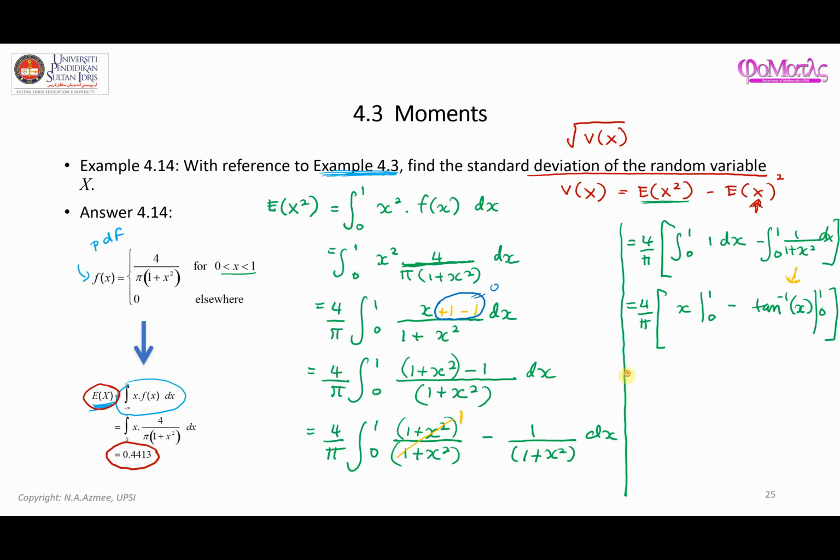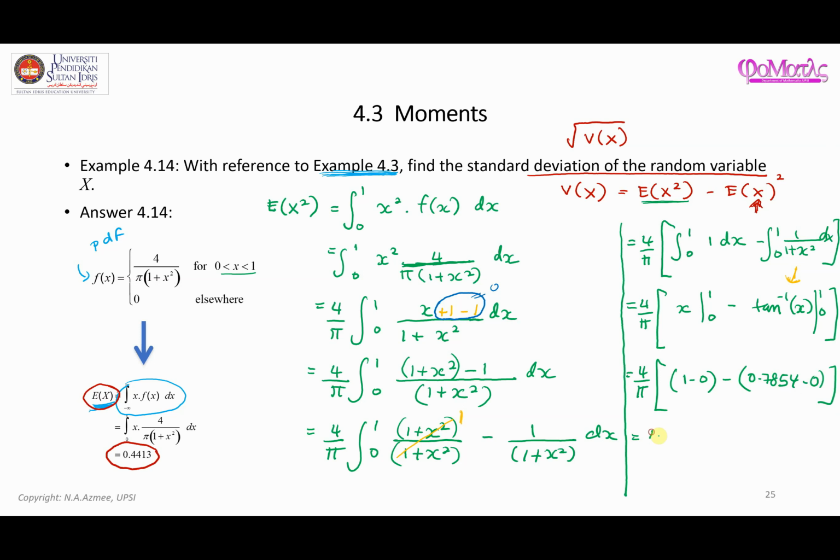Our next process is to substitute the values. It is going to be 1 minus 0. The inverse tangent, if you substitute 1 into this, is 0.7854 minus 0. Okay, so this is the result, and you can simplify that.